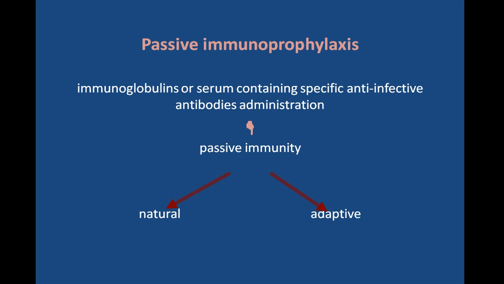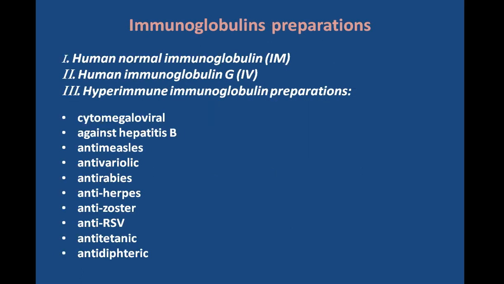And passive immunoprophylaxis: immunoglobulins or serum containing specific anti-infective antibodies administration. Passive immunity can be natural and adaptive.